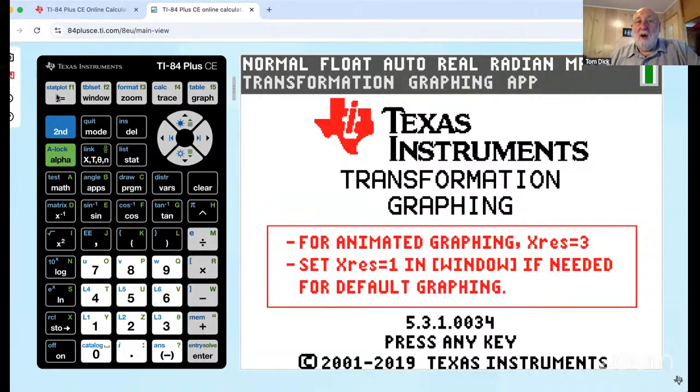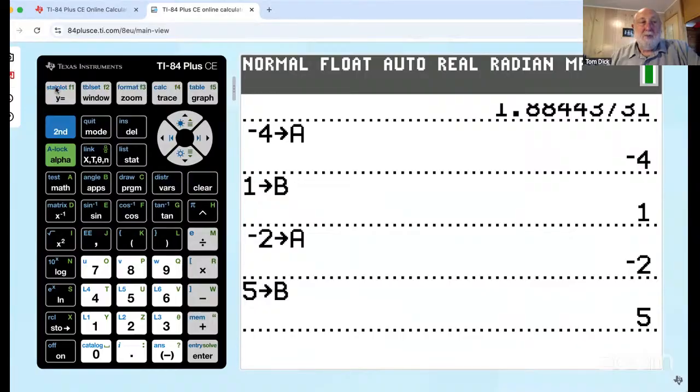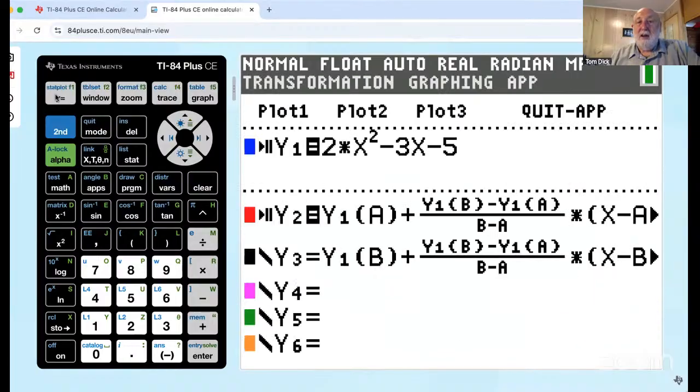And if I go to y equals, whoops, let me try that again. There we go. I'm going to go ahead and change that y1 to our original function. I think we had a 3 there. Yep. And you can see that y1 and y2 are highlighted, but they have this kind of interesting thing to the left.